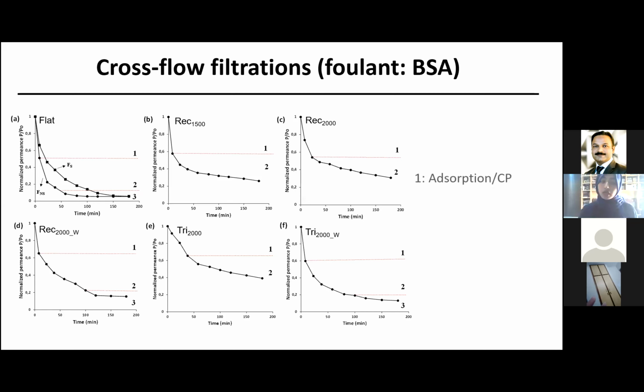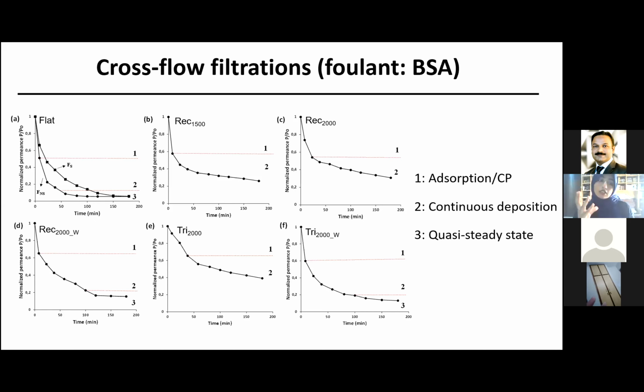The first phase was rapid adsorption and concentration polarization on the membrane surface due to the convective flows towards the membrane during filtration, which was followed by a second phase where foulants gradually deposit on the membrane surface, covering the entire surface area until a third phase is reached, where a constant foulant layer is formed for that particular driving force, and the permeance starts to reach a constant value, which we call a steady state.